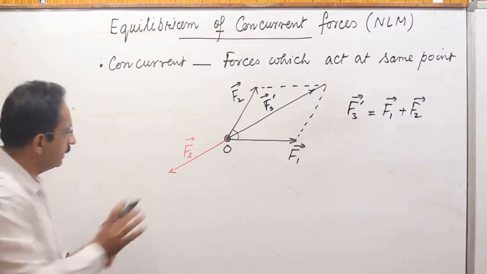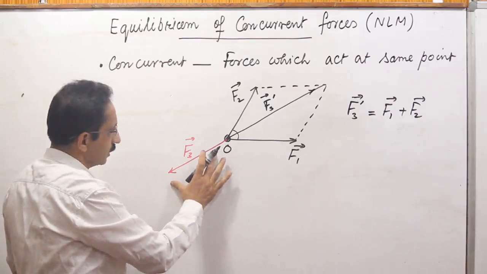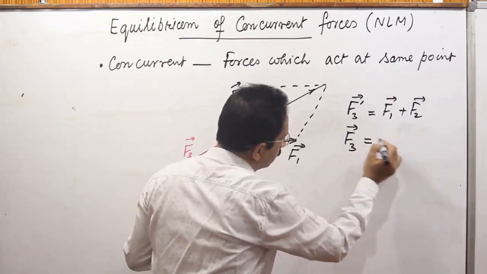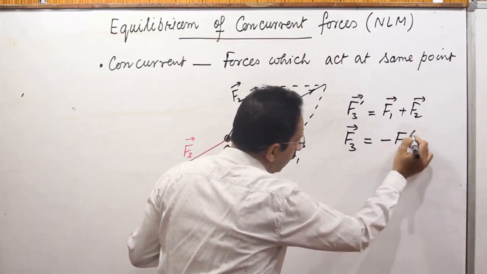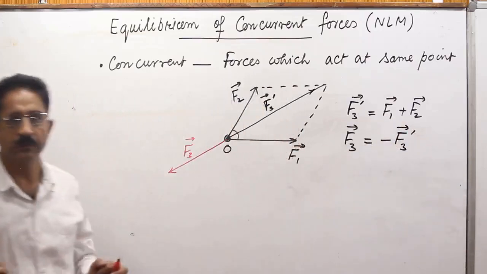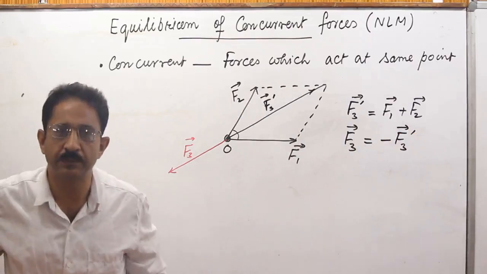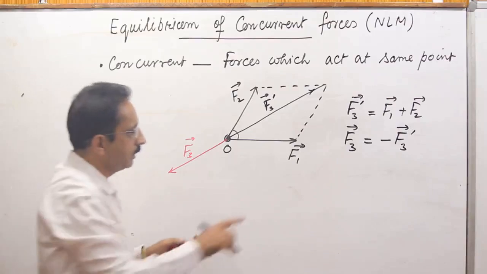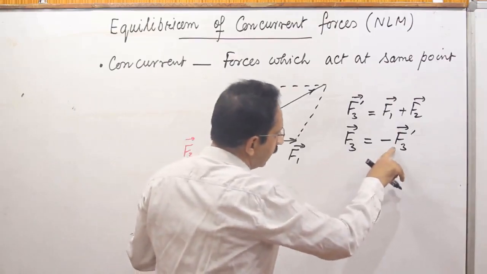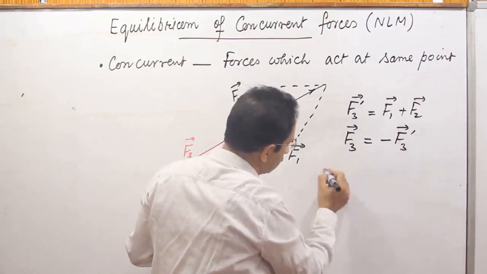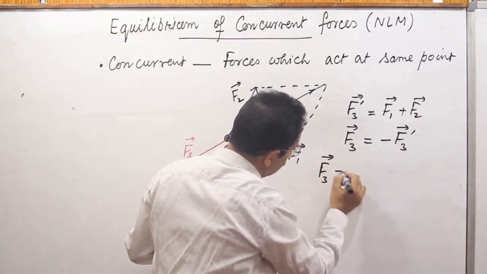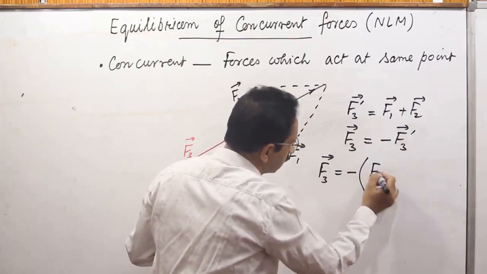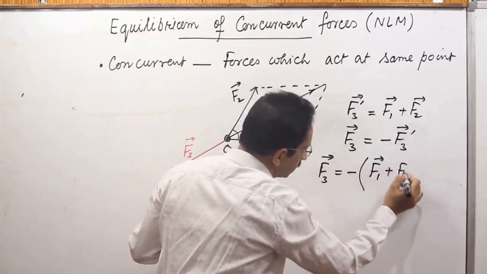We can slightly change the mathematical structure of this equation. You find that this F3 force is equal to negative of F3 dash force. Negative means its magnitude is the same as that of F3 dash, but direction is opposite. So in this equation, I can substitute for F3 dash: F3 is equal to negative of F1 plus F2.